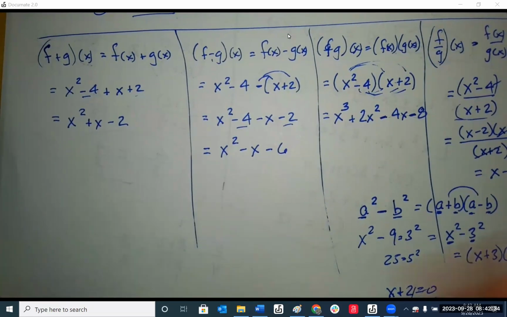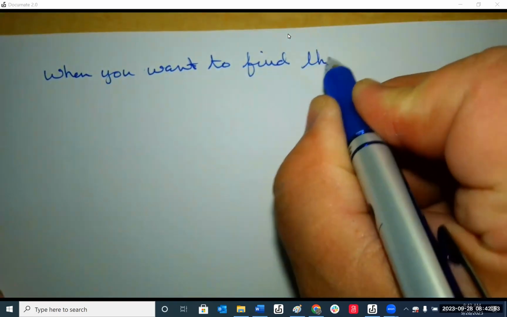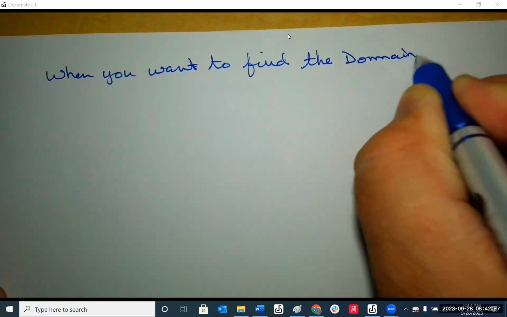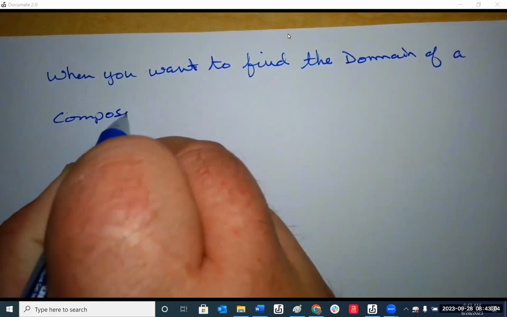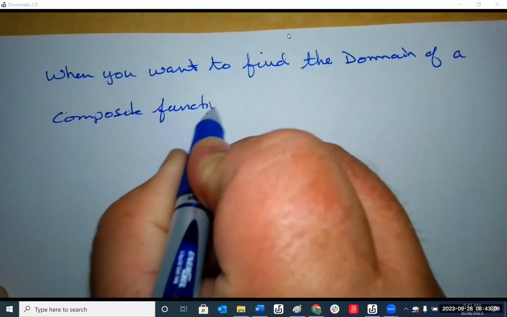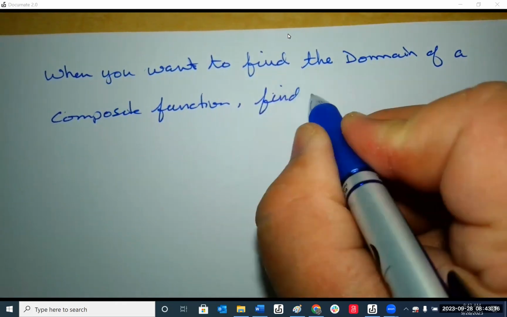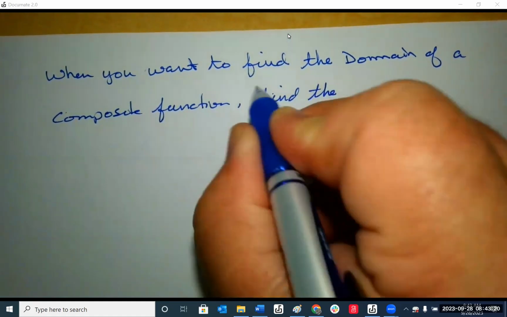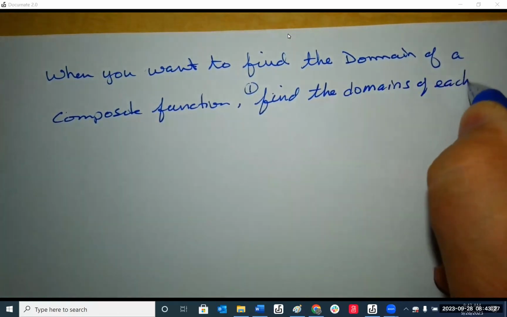When you want to find the domain of a composite function, first find the domains of each function.